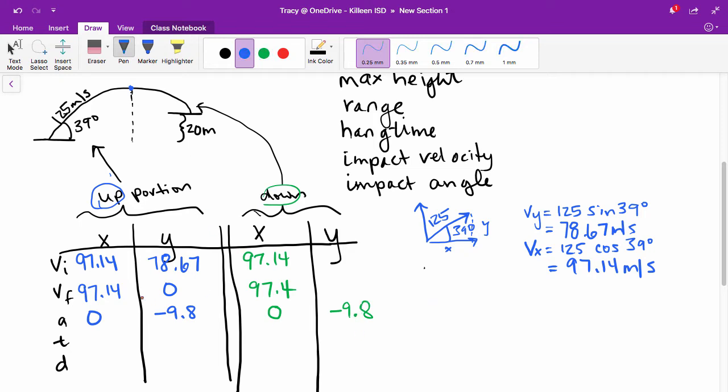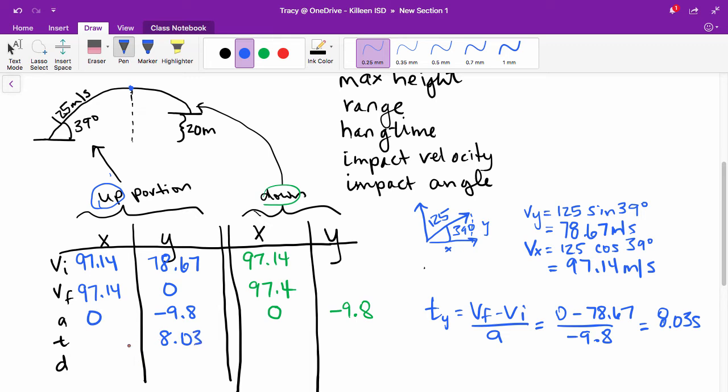The next thing that we can do, so we have the 3 pieces of information we need, is find time. On the y side, time in the y direction is equal to Vf minus Vi over acceleration, which is equal to 0 minus 78.67 over negative 9.8, which gives us 8.03 seconds.